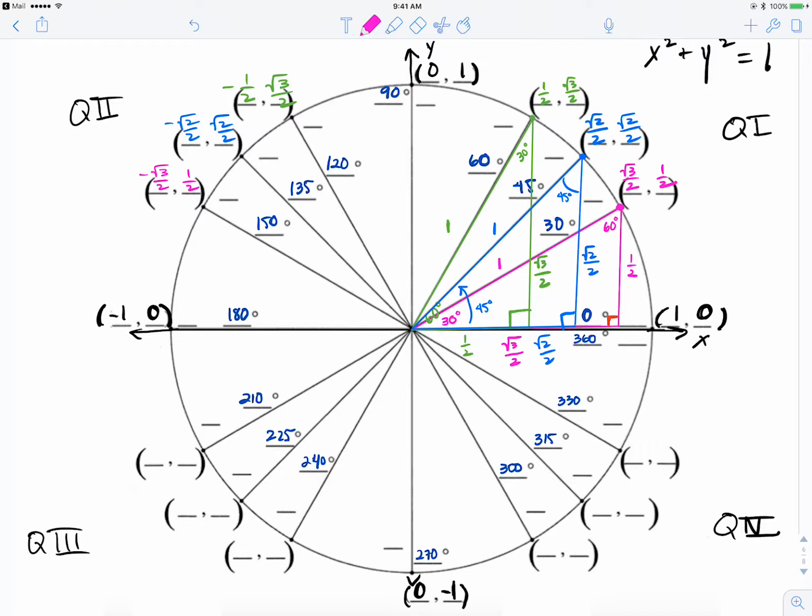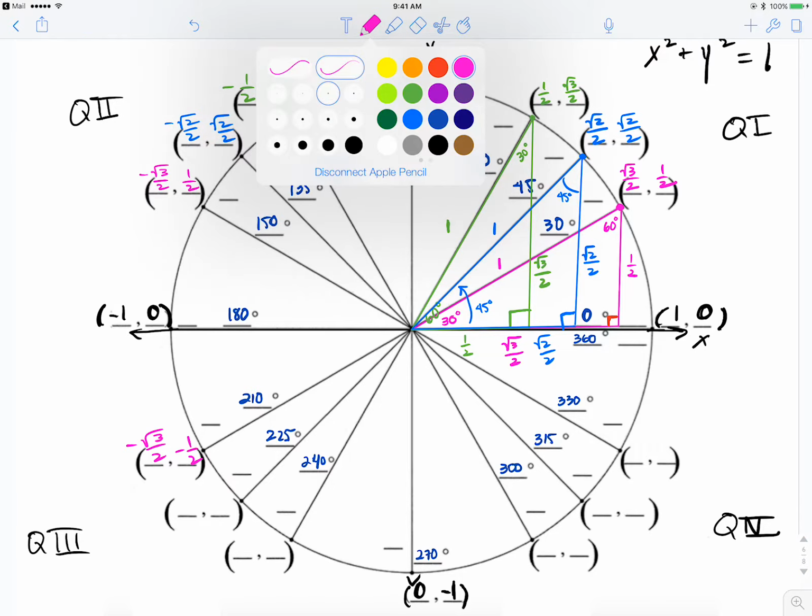So what will the ordered pair be at 210 degrees? Okay. And we know both the x and the y should be negative in quadrant 3.